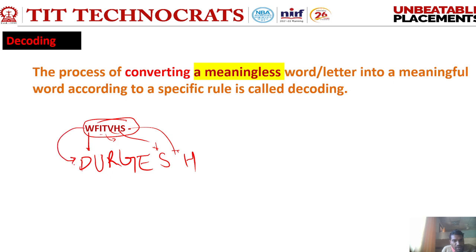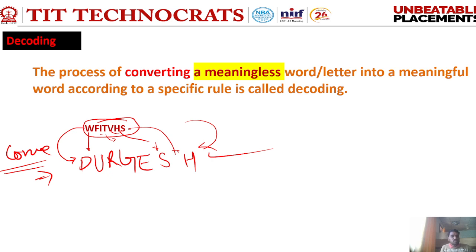You apply a specific rule and convert it into a meaningful word. This is decoding.